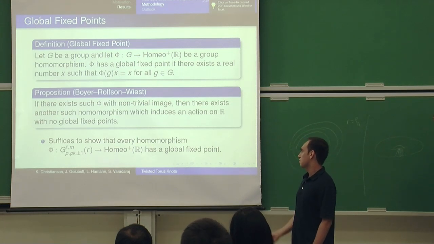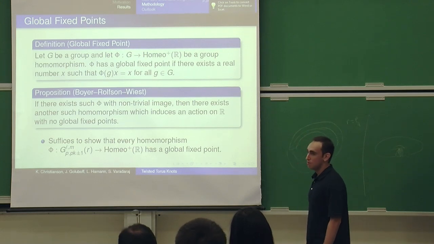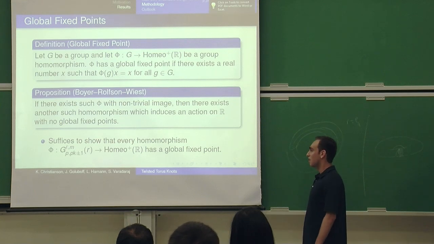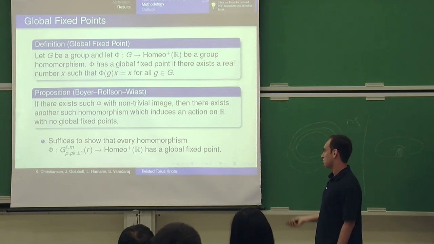So therefore, there must be another such homomorphism which has no global fixed points. Therefore, to prove our results, it's sufficient to show that every homomorphism from these groups to Homeo plus R has a global fixed point. So the natural question to ask is, how can we prove every such homomorphism satisfies this condition?